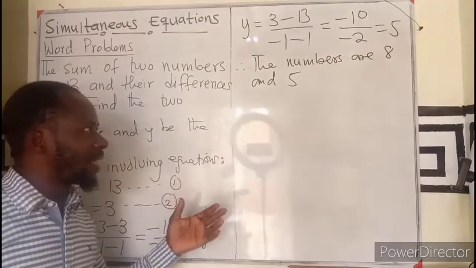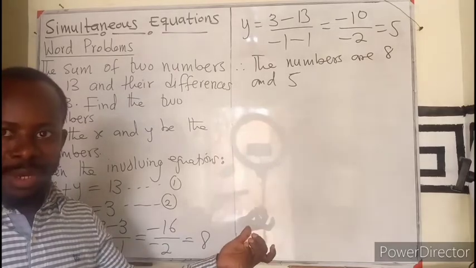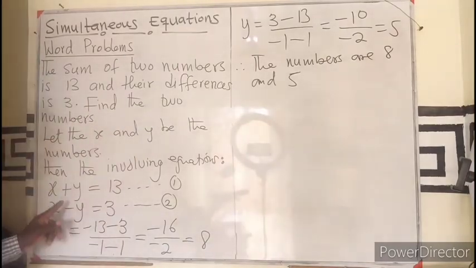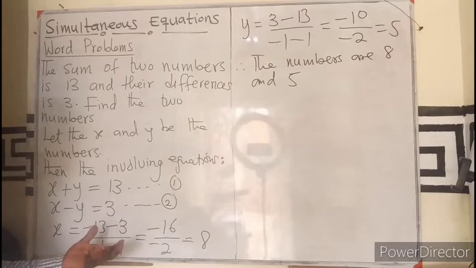Someone may also say, I want to use the elimination method. We know that when the coefficient of the variable I want to eliminate is the same, I check the signs. If the signs are different, the easy way is to add.